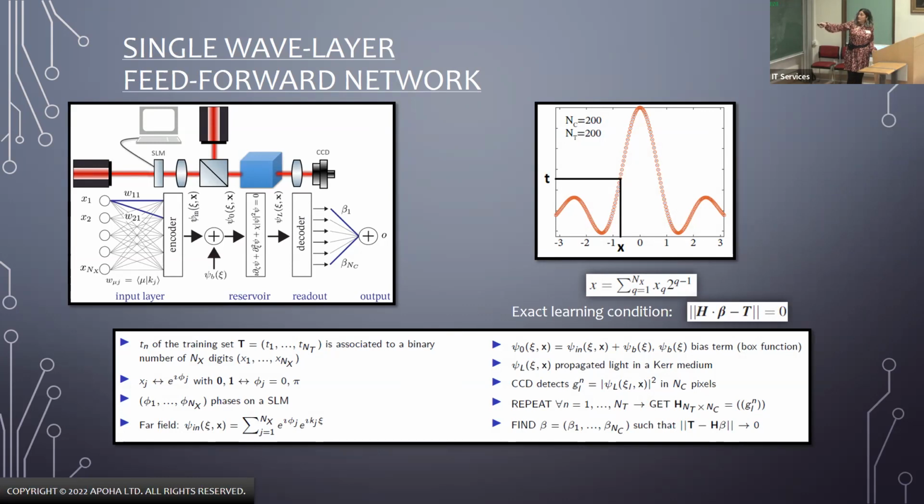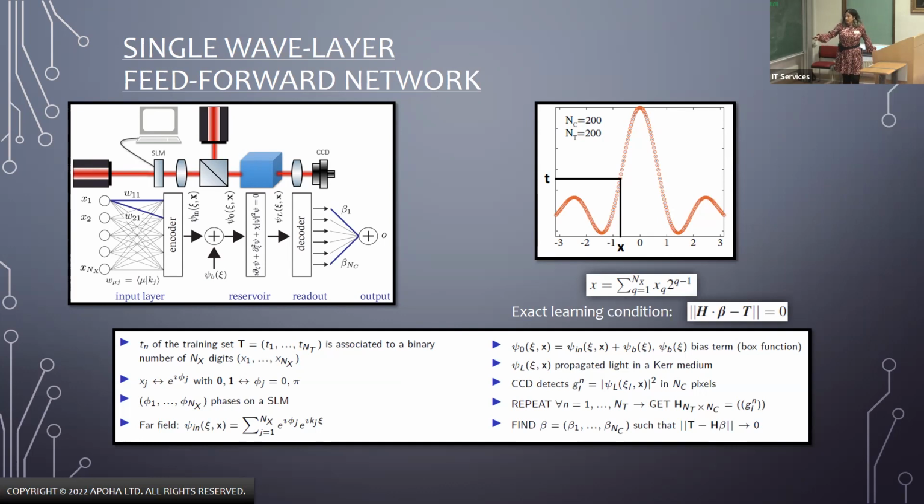This value x can be decomposed in a binary decomposition in which all the digits of the binary decomposition define a string. This string is the one that will define the kinds of phases that we are going to trace on our SLM. So our SLM will associate to every digit 0 a phase 0, and to every digit 1 a phase pi.